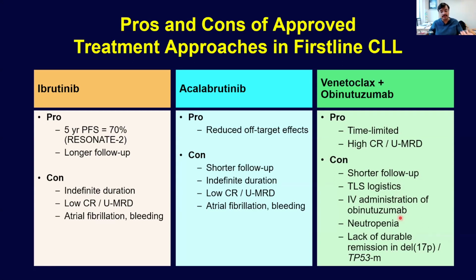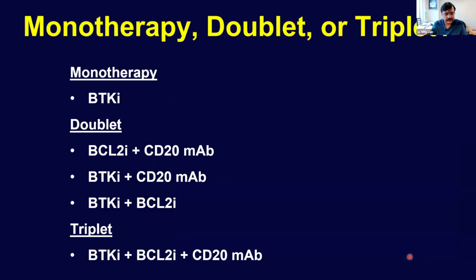Obinutuzumab is given IV, so you have to get the patient into the IV unit for infusion. Neutropenia occurs in 50% of the patients, so that's something you have to remember. And then we talked about this, that patients with deletion 17p or p53 may not benefit from this 1-year time-limited approach. So these are the pros and cons which I routinely discuss with patients when we are talking about which therapy to choose in the frontline setting.